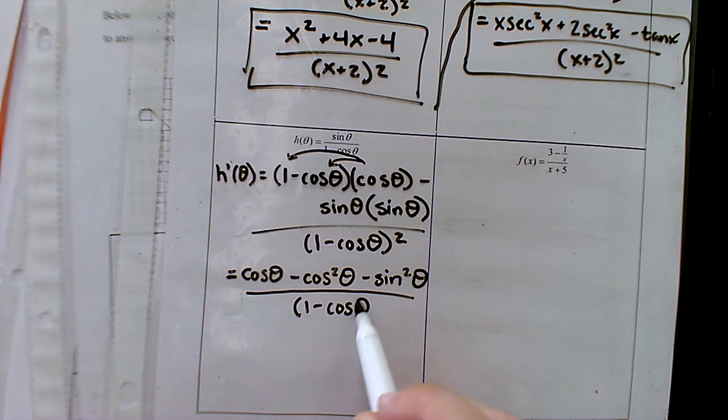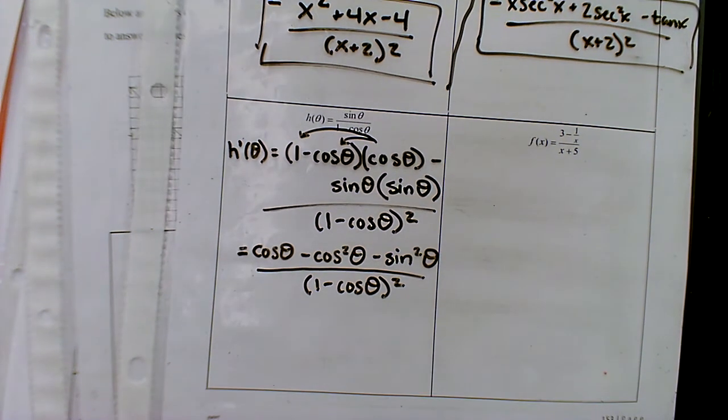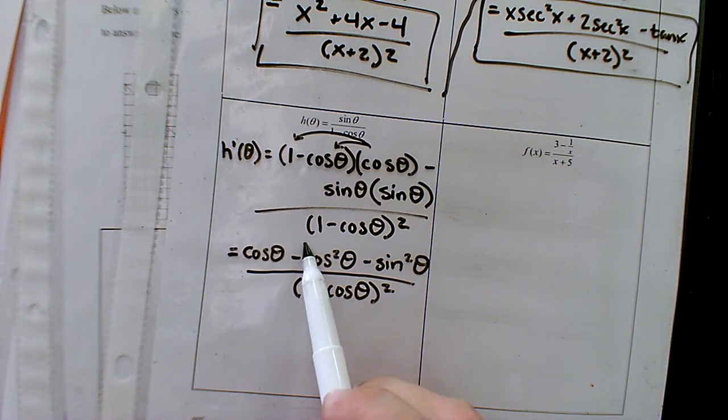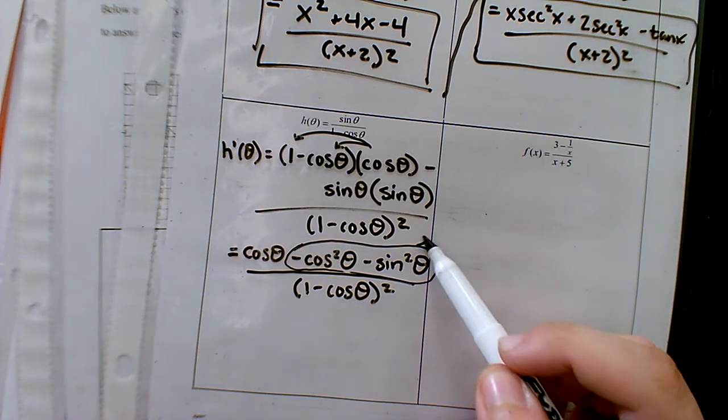And we have the bottom. Is that our most simplified form? Do you see anything in there that we could possibly do? What do you think, Tyler? With negative cosine squared minus sine squared, it would be -1. Good.